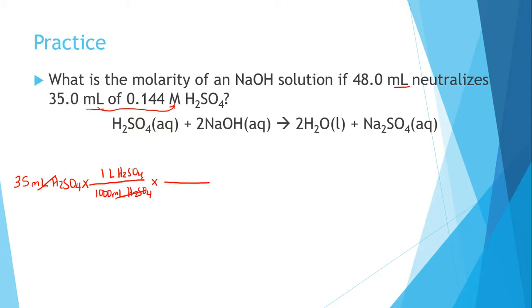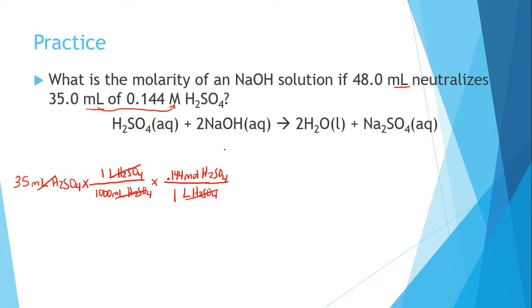Once you get it into liters, you can cancel out liters, and you can go to moles. Now, remember, moles over liters is molarity. So we can actually rewrite this problem as 0.144 moles always over 1 liter. So this helps me cancel out liters of H2SO4. And now I have moles.